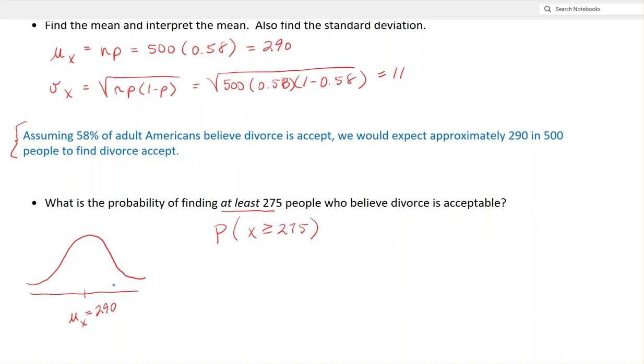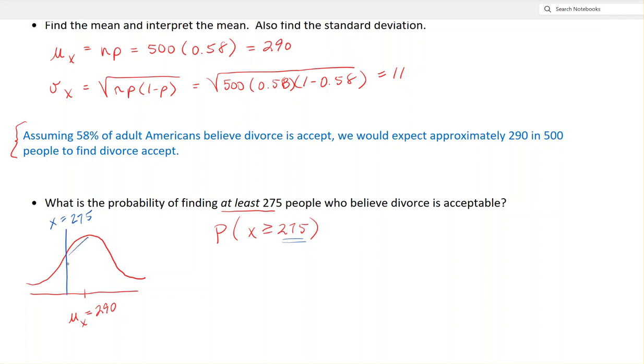So if I were to put somewhere on this graph, remember that the horizontal axis here, or the bottom axis, represents the number of people who believe divorce is acceptable. And we're focusing in on 275. So 275 is going to be to the left of 290, and I am interested in 275 or more.